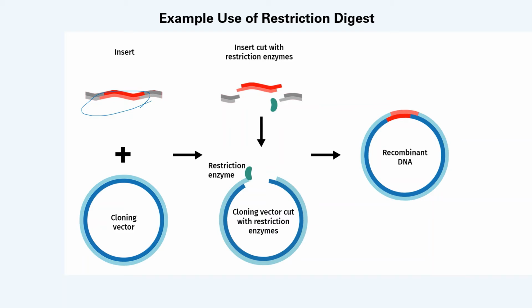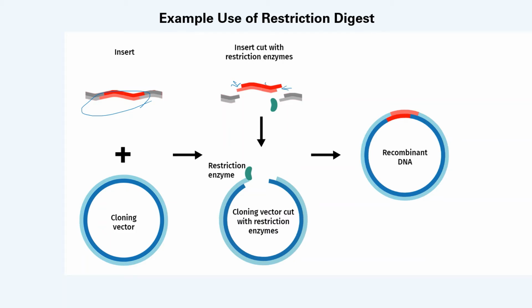And you have a plasmid of interest. When you cut the plasmid, it will make these sticky ends using restriction enzymes, and you can see these hangovers right here. And then you use the same restriction enzyme to cut the gene of interest, and you will have these sticky ends with the gene of interest.